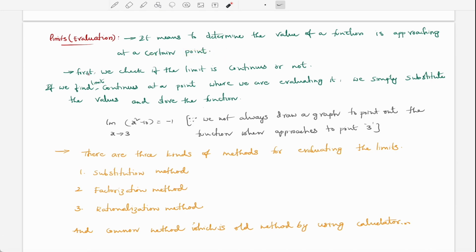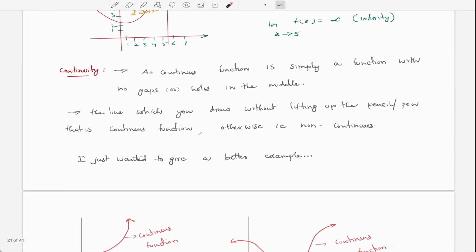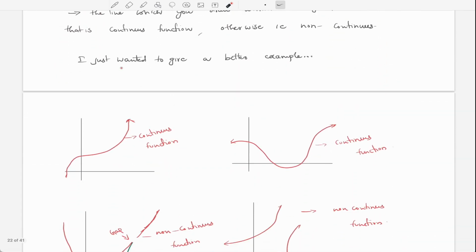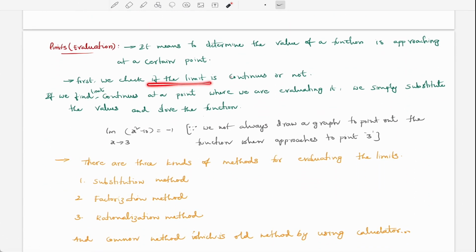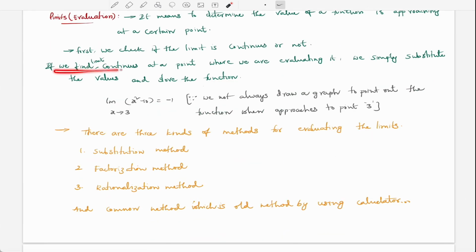First of all, to find that evaluation, we need to check whether the function is continuous or not. I already discussed what continuity is, so please review it. If you find the function continuous at the point where we are evaluating it, we simply substitute the values and solve the function, whatever the value may be, like 3 here.